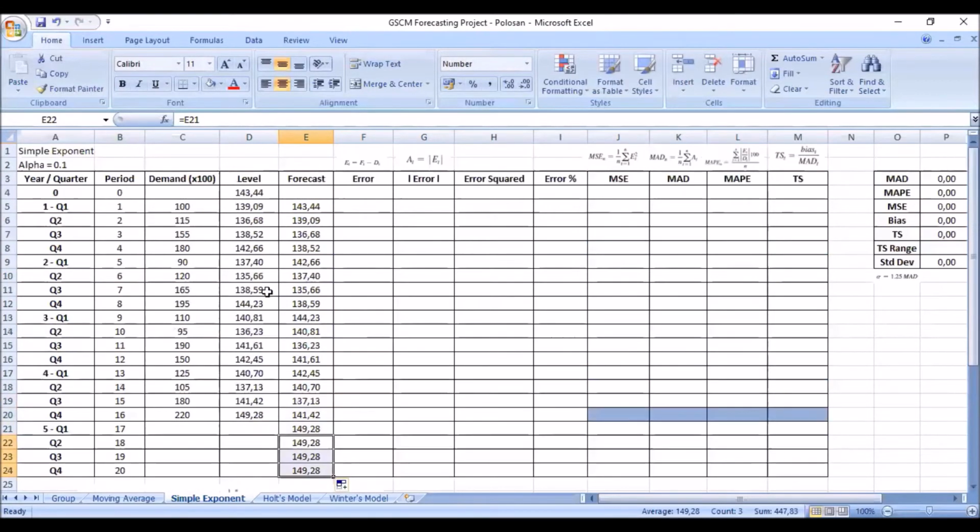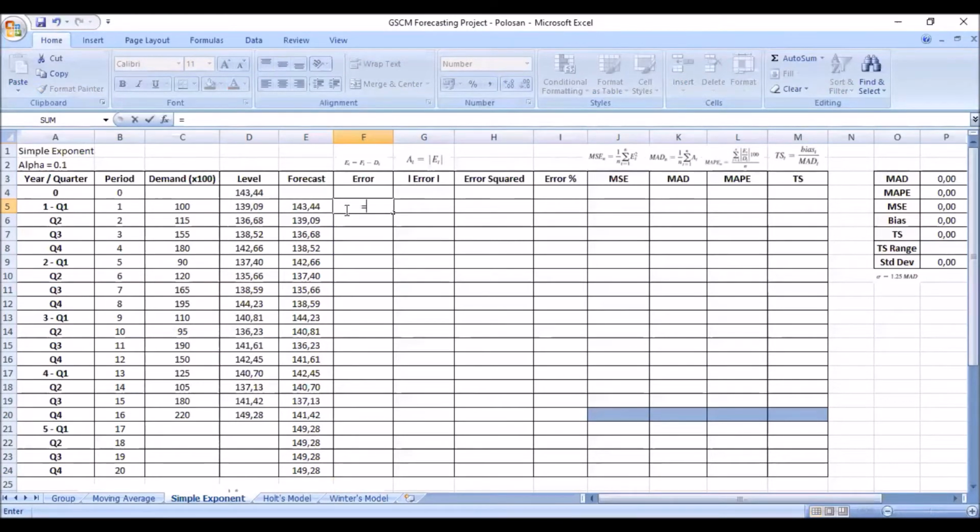Remember, the principle of moving average and simple exponential for the future forecast is the same. Every forecast will be the same because there's no trend or seasonality in both. But I would say simple exponential is more accurate because it has the first 4 forecasts compared to moving average. Still, it's not as reliable as Holt or Winter, and I suggest using the forecast as a basic or standard number.